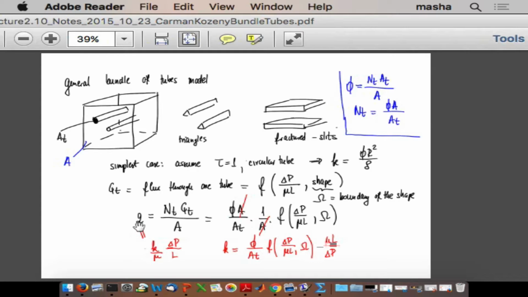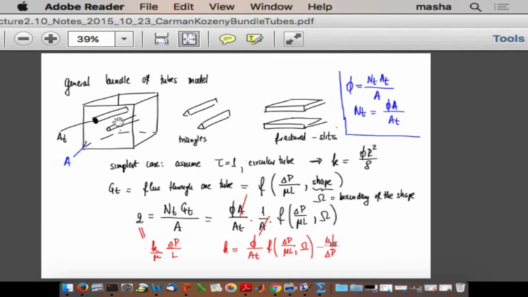So when I actually put that in, my Q, my linear flux across the tube, is basically the number of these tubes times their volumetric flux divided by the area of the entire face, as per Darcy's law. And as per Darcy's law, this is also K over mu delta P over L. Minus, but I'm disregarding minus.